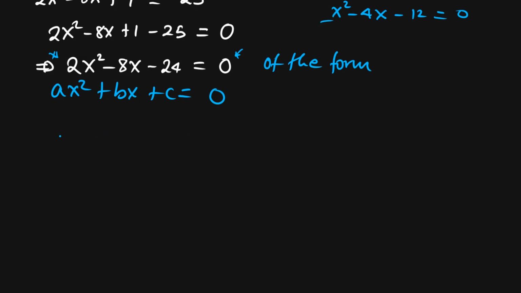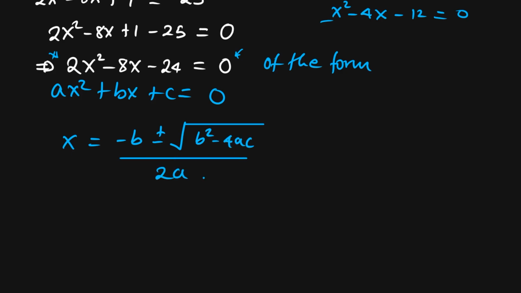Using the quadratic formula, we will obtain the value of x from negative b plus or minus root of b squared minus 4ac all over 2a. From the comparison of these two equations, a, the coefficient of x squared, will be equal to 2, and the coefficient of x, which is b, will be equal to negative 8, whereas the coefficient of x to power 0, which is c, will be equal to negative 24.